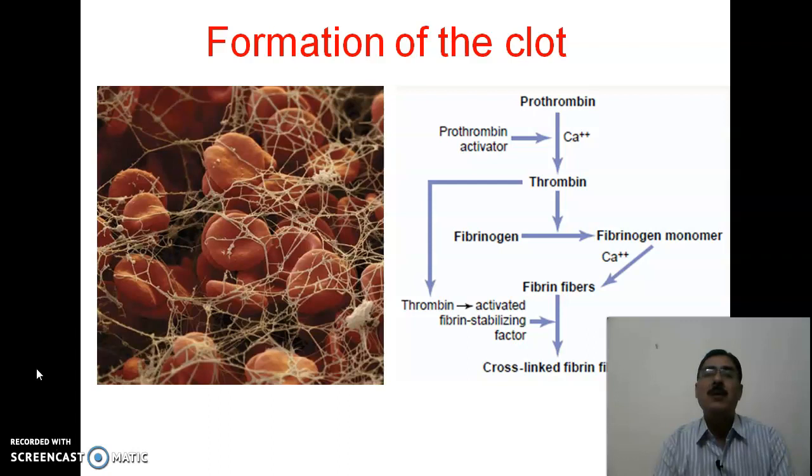This thrombin converts fibrinogen into fibrin monomer, which in presence of calcium ion forms fibrin fibers. Again, thrombin activates the fibrin stabilizing factor, that is the factor number 13, and there is formation of cross-linked fibrin fibers.